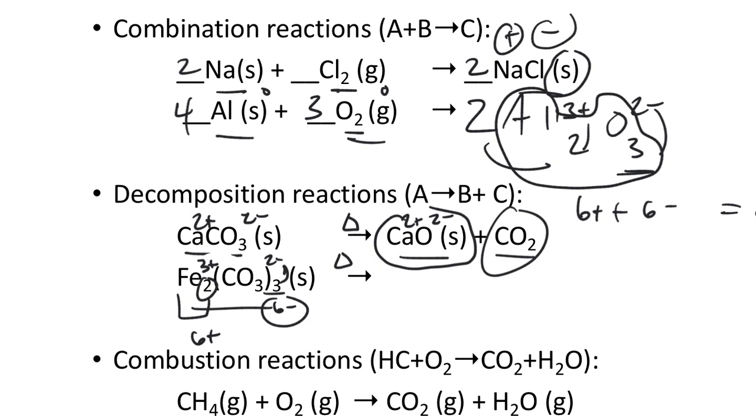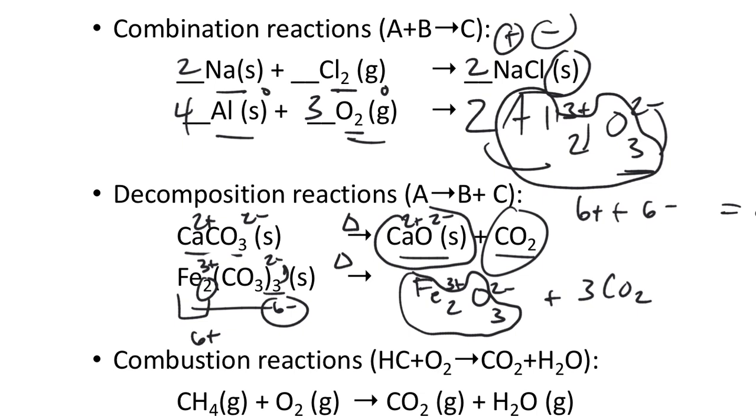So iron(III) carbonate, when it's heated, ends up forming iron still with the 3+ charge, and oxide ion with the 2- charge. So I end up forming Fe2O3 as the one product, and the other product being CO2. And then I had 3 CO3s, so I end up forming 3 CO2s.